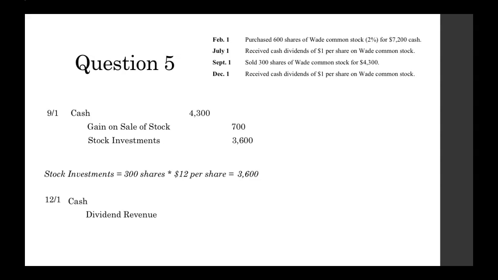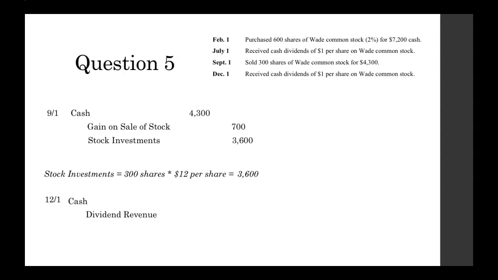Now this is where it's going to be a little bit different from our July 1st entry. Back on July 1st, we still had all 600 shares of stock, so we did 600 times $1 per share. Here in December, this transaction comes after we had sold some shares.